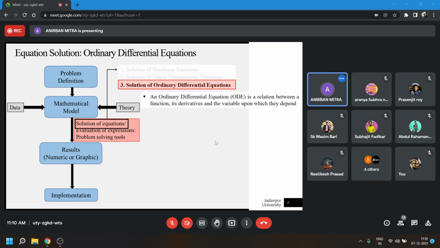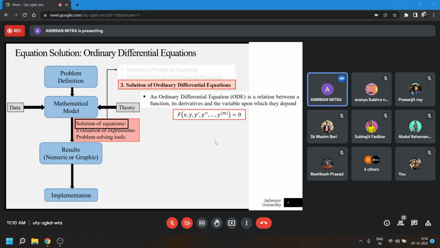They are basically a relation between a function, the derivatives of the function, and the variable upon which they depend.